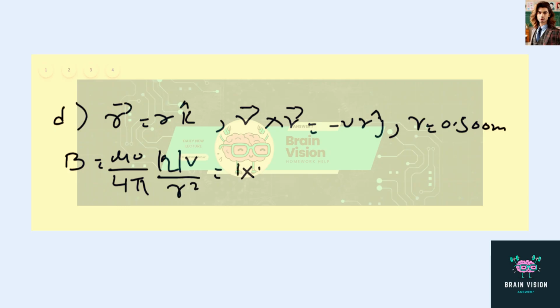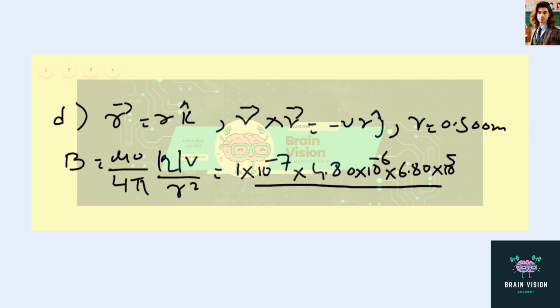So 1 × 10^-7 times 4.80 × 10^-6, I'm skipping the units here just to make things easier, times 6.80 × 10^5, this whole divided by r squared, which is 0.500 squared. This gives us B in vector form as 1.31 × 10^-6 Tesla. This is in the j direction.